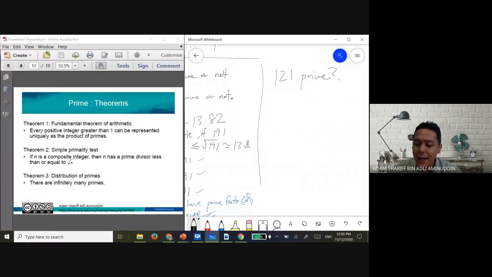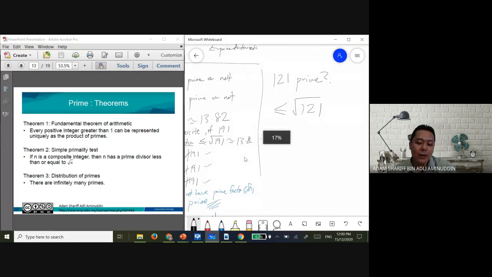You can check by finding a prime factor up until the square root of 121. Your friend says it is prime. If it is prime, then it has no prime factor up until the square root of 121. Okay? So I will stop here.